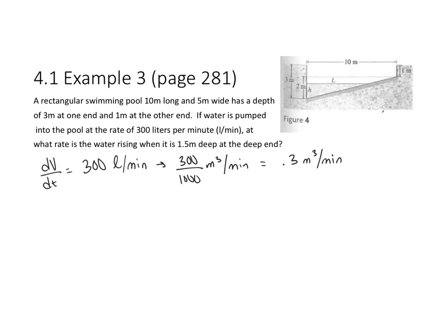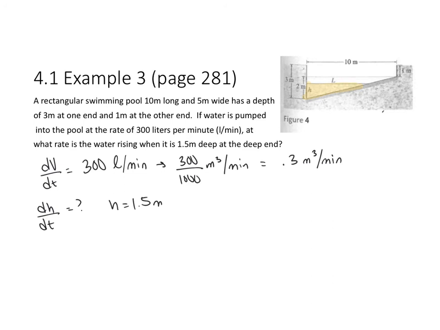Okay, let's go back and keep reading about what we know. It says that at what rate is the water rising? So what's the water rising is my dH/dt. That's my question mark, and it gives me when h is 1.5 meters. So we're looking at this triangle filling with water. And I want to know what the volume of my triangle here is.